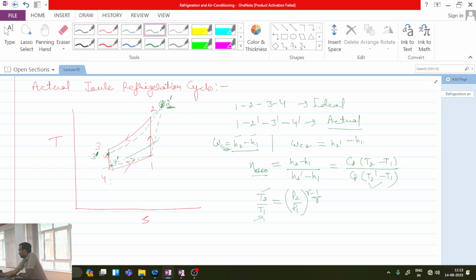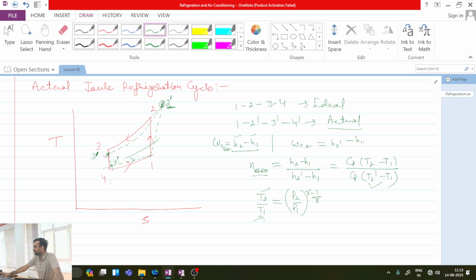Is this one clear? So it means the analysis of the actual cycle is always done with the assistance of the ideal cycle. Okay, so we first try to analyze the cycle for ideal processes, and after that we account for deviations by using the isentropic efficiency term.